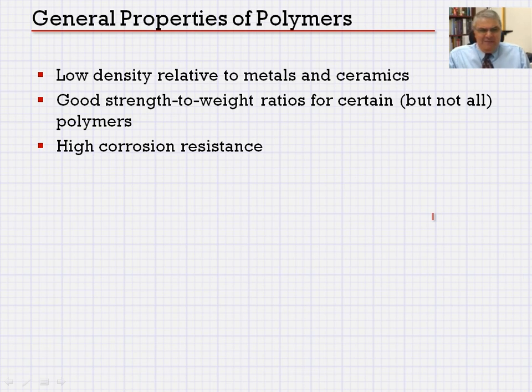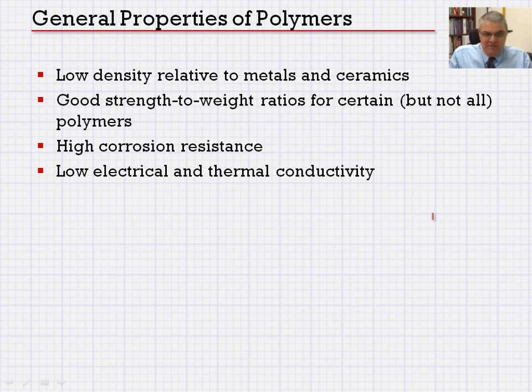One of the biggest advantages of polymers is their high corrosion resistance. And that's very important in the case of plastic water bottles and things like that, containers that would actually contain liquid, and they must be corrosion resistant. They also have low electrical and thermal conductivity.